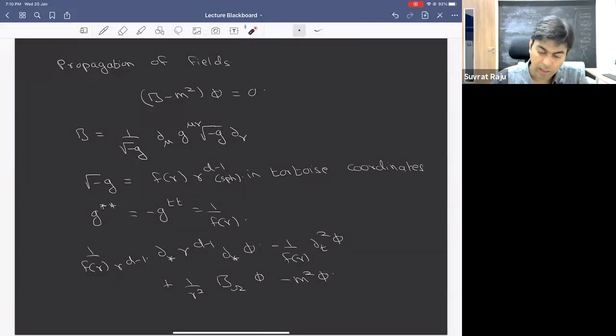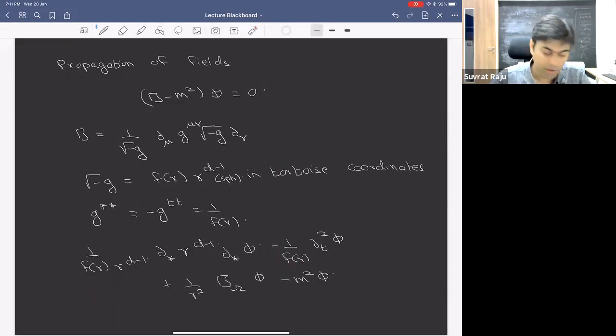The shortcut comes from recognizing that in this equation, there are some terms that are going to become much more important than other terms near the horizon. And those are the terms that are multiplied with the 1 over f of r, which I'm now underlining with this laser pointer. That's because near the horizon, f of r goes to 0. And therefore, these terms are going to be important, and these terms are not going to be so important.